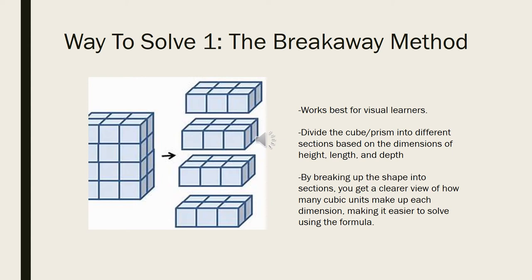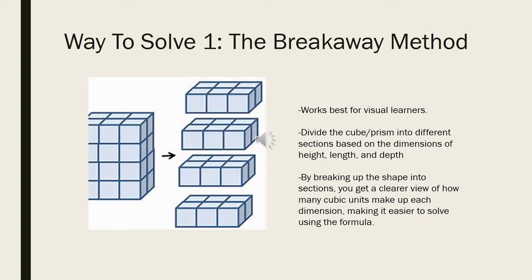So like in the picture on the left here, this what was once a rectangular prism has now been divided into 4 different sections based on its height. So we now see that it stood 4 units tall, but we can also see the other dimensions a lot clearer because it's breaking it up.